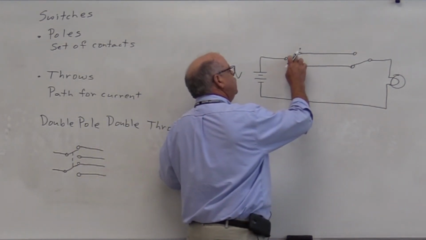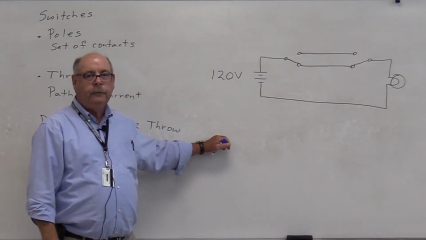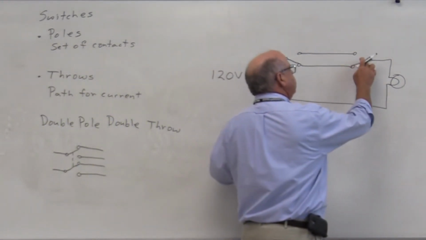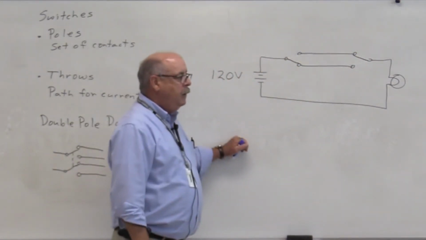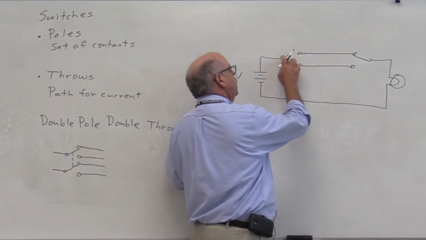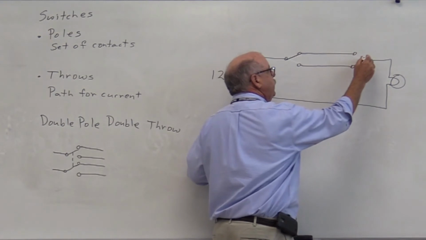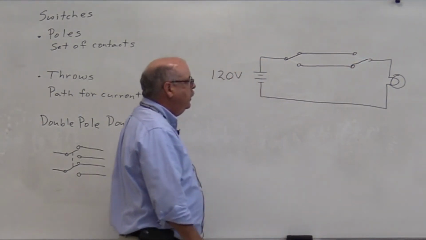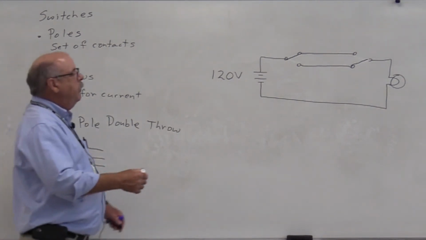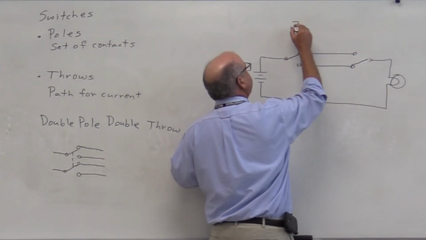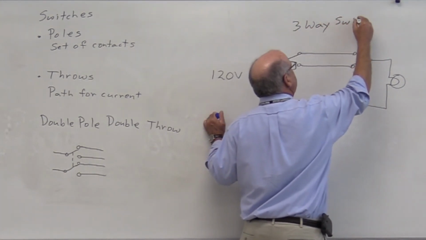If I change this switch, the light is on. If I change this switch, the light goes off. If I change this switch, the light goes on. If I change this switch, we're back to where we started. And of course, the light is off. Now, in electrical wiring, these are what is termed to be a 3-way switch.